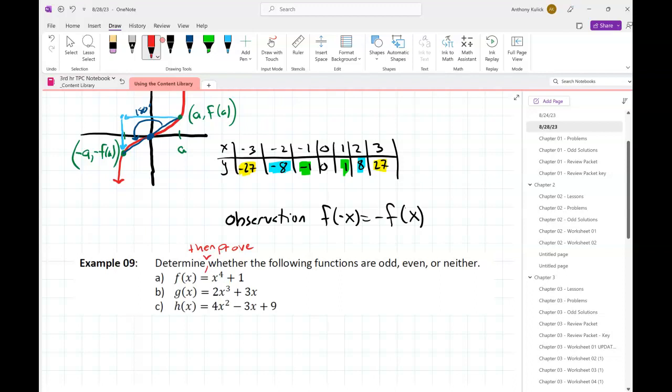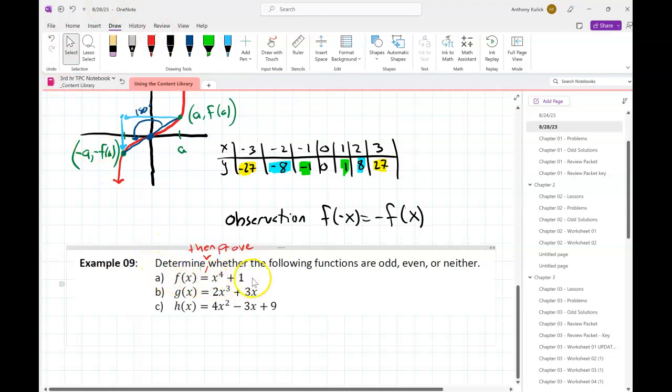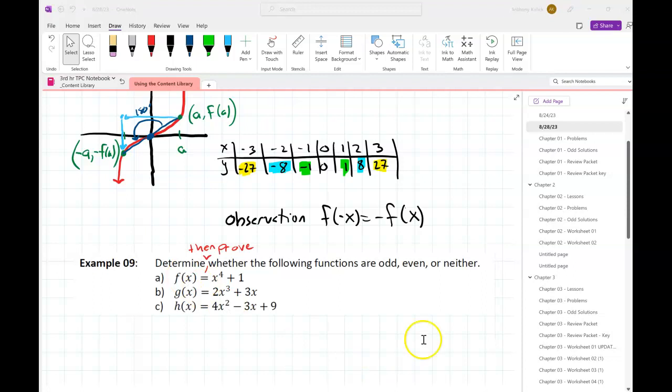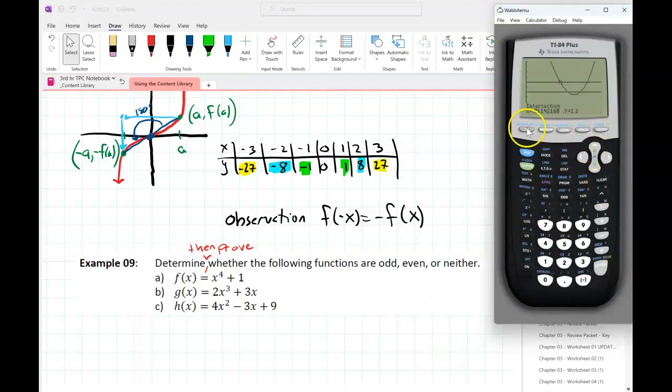We're going to determine and then we're going to prove whether the following functions are odd, even, or neither. So first thing that I would do is I would look at the picture to try to figure out which one I'm going for, right? So I will just start by typing this into my calculator.